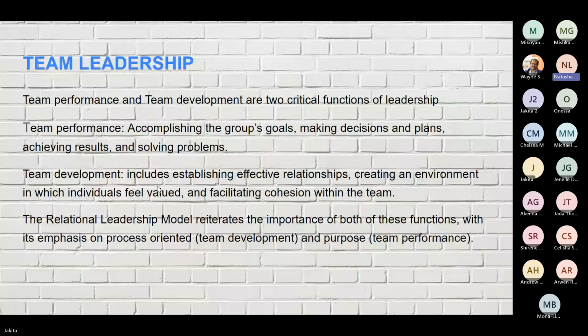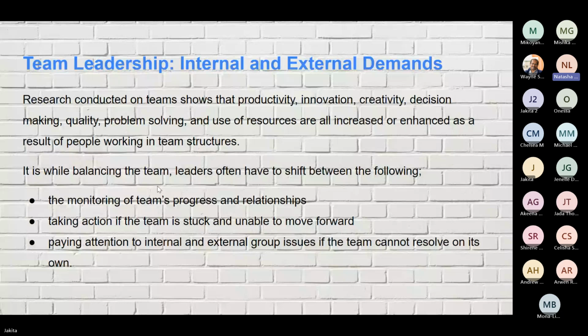We're now going to look at team leadership and its internal and external demands. Research conducted on teams shows that productivity, innovation, creativity, decision-making, equality, problem-solving, and use of resources are all increased or enhanced as a result of people working in team structures.